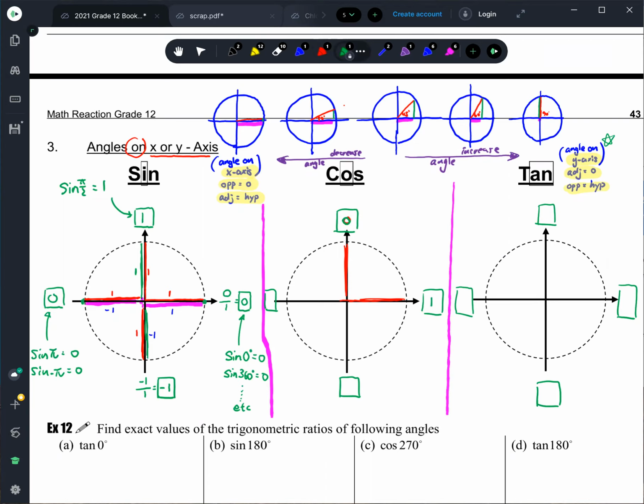Okay, we'll go to 180 degree. On the left side, this time it's on the x-axis again. Okay, Angela, what's your ratio? -1.